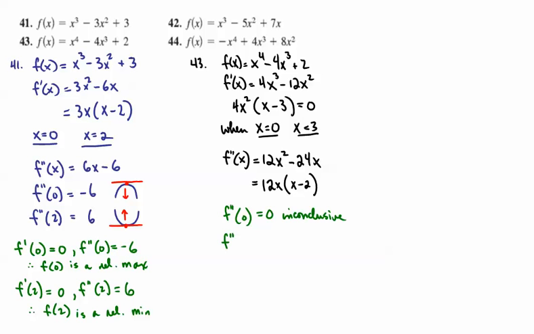Let's see what happens at x equals 3. Well, at x equals 3, we're going to get positive times positive, which is positive. Doesn't really matter what the value is. And so that means that we have a first derivative 0, second derivative positive, and so we have a relative minimum.